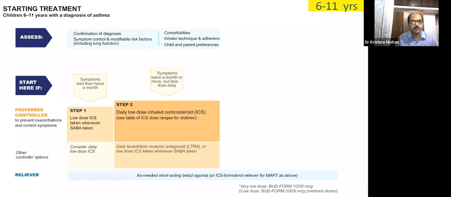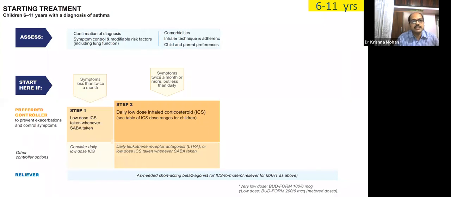So for step 1 in this age group, from 2019 or 2020 onwards, there is a very, very important change. What is advised for step 1 in the age group 6 to 11 years is that you ask the patient to take a low dose inhaled corticosteroid whenever taking a SABA.